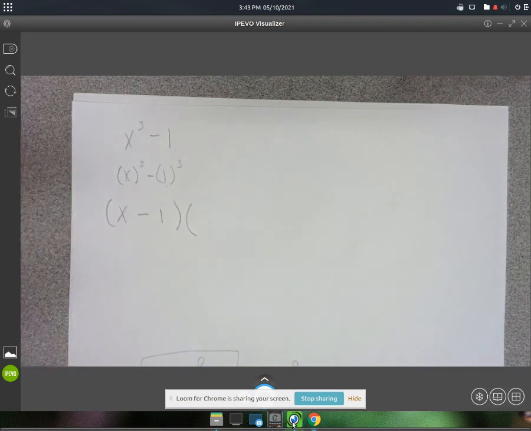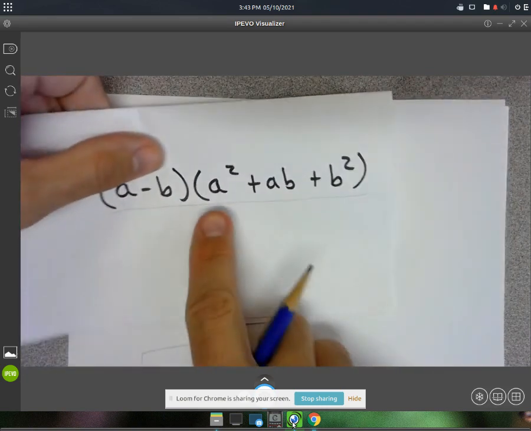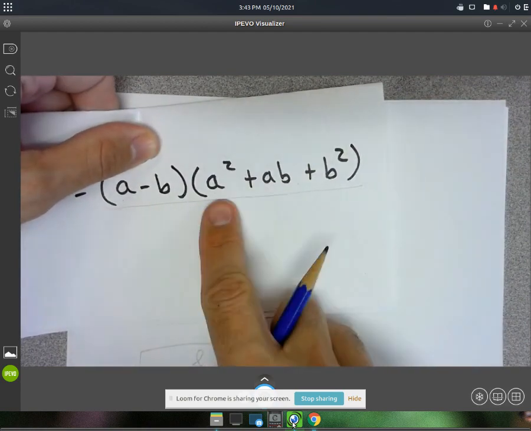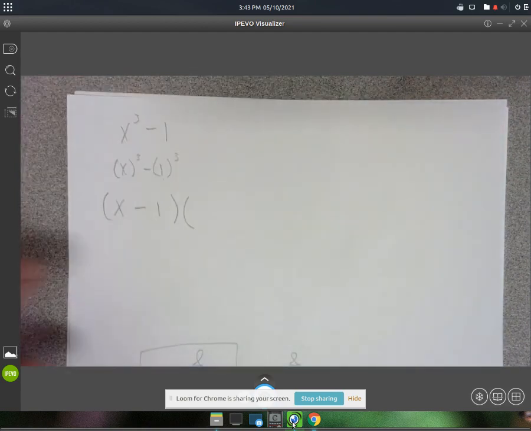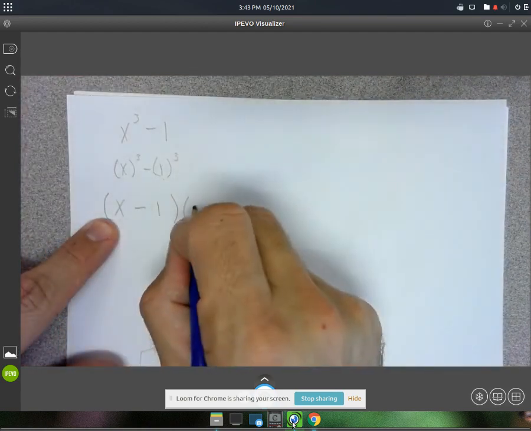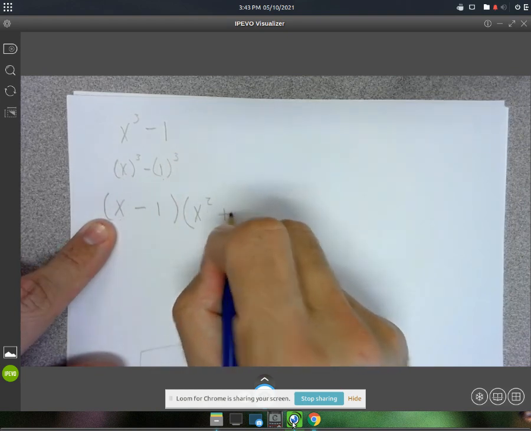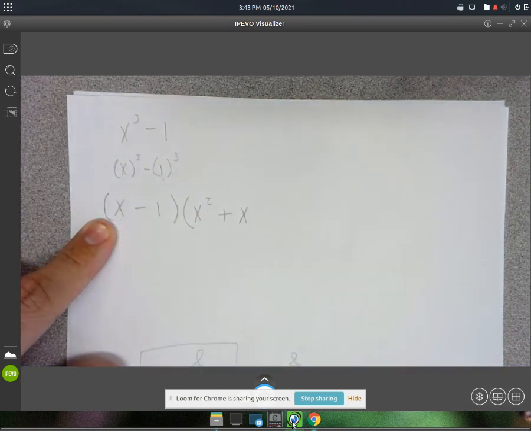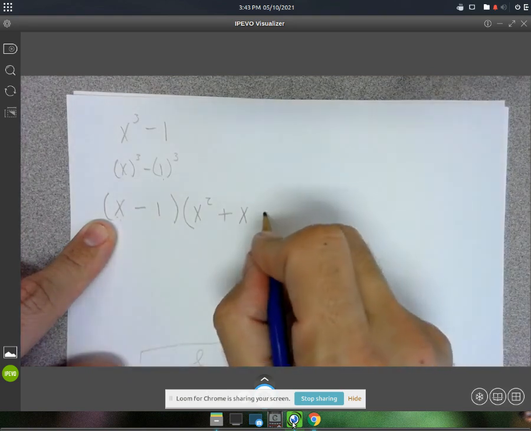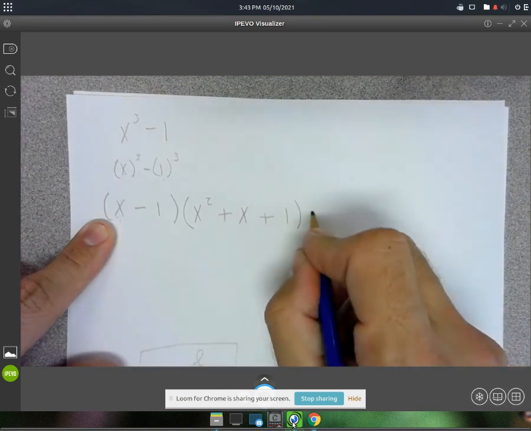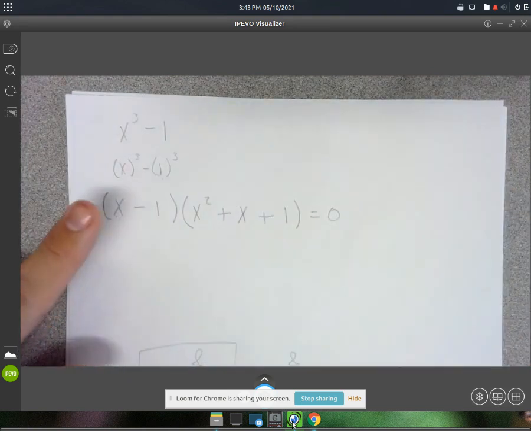And then the rest of it's going to be just the right half of this formula here, the a squared plus ab, all that bit. So a squared is going to be x squared plus 1x, so 1 times x, and then plus 1. And of course, this was all equal to 0.